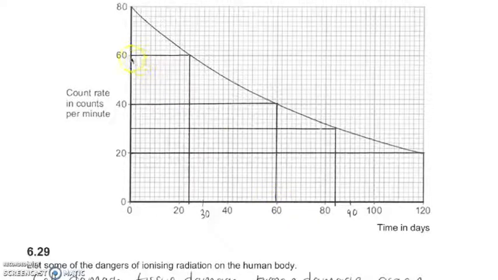You could have taken, let's say, we start off with 60 counts, okay? So we go across there, okay, we arrive here. In fact, sorry, half of 60 is 30, which is this point here. So we go across there, okay, and then this point here minus this point here should also give us 60 days.